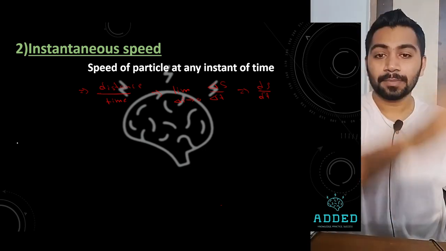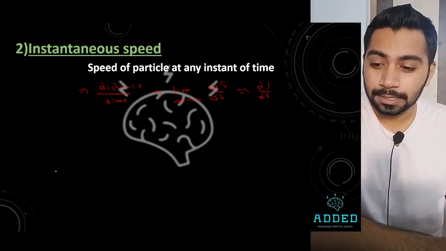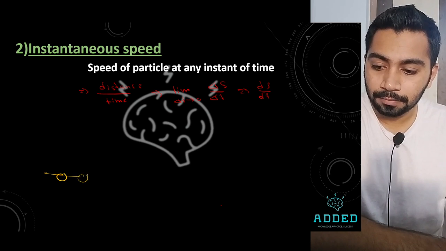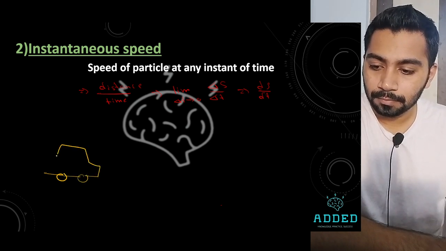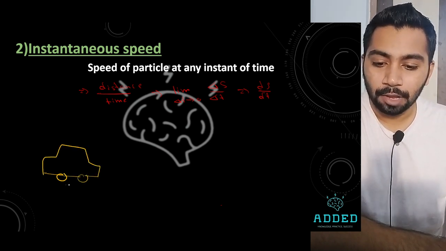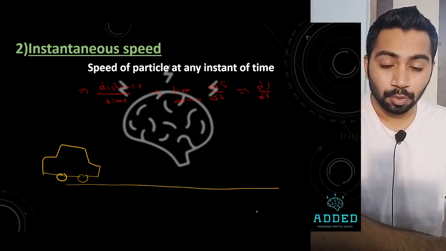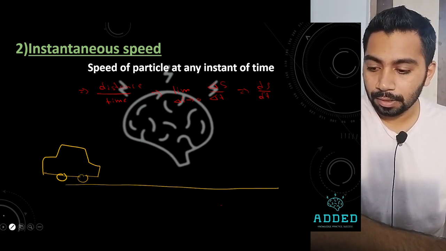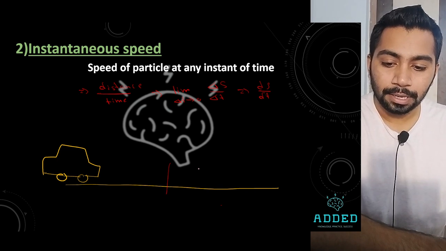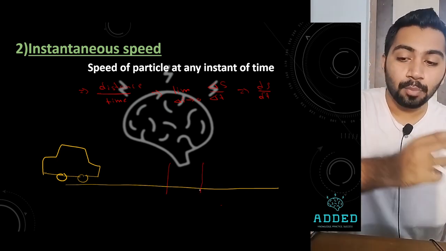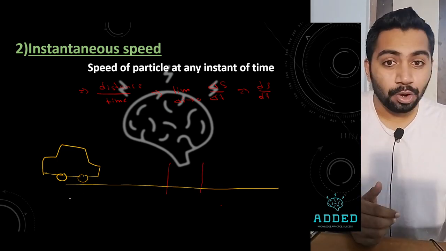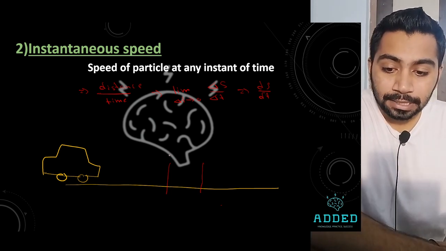Okay guys, see this, now it's very serious. If it is a car, now it is moving here, now it is moving here. There is some point it has to cross. So let's take this point.